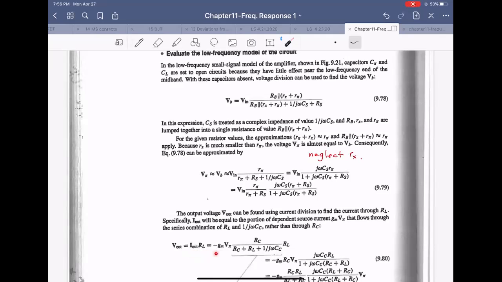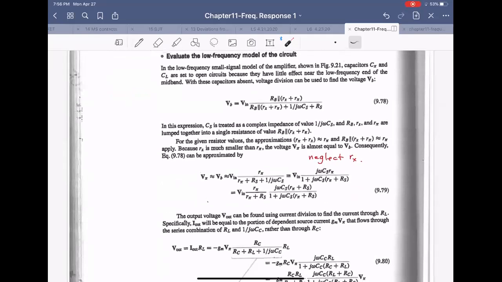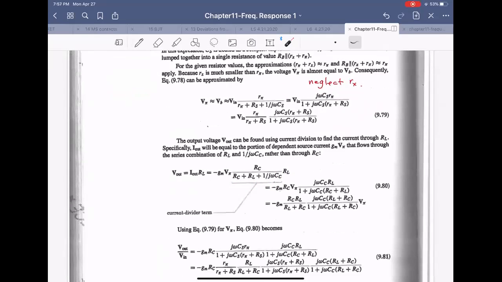The current is gm V pi times RC over the total impedance, this guy and this one, like that: RC plus RL plus this capacitor impedance 1 over J omega CC. This is I out times RL. It's a current divider term, okay?